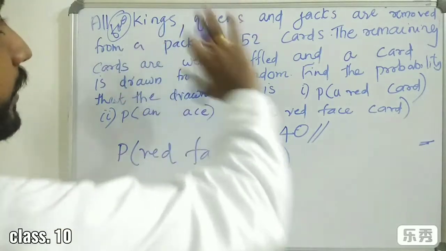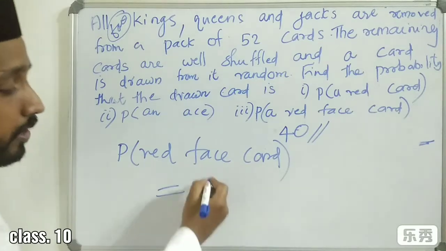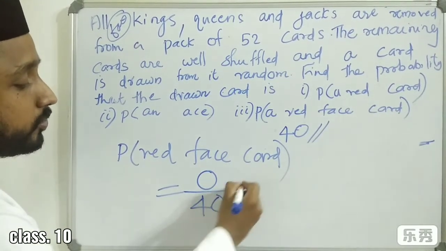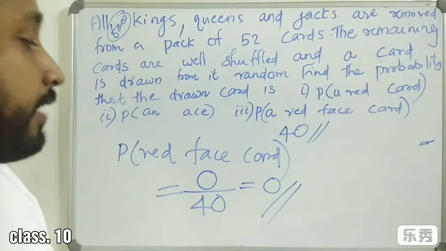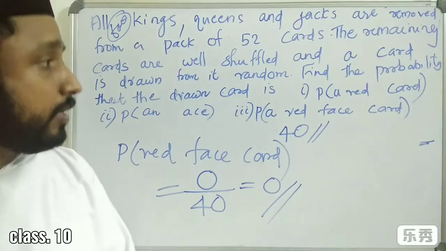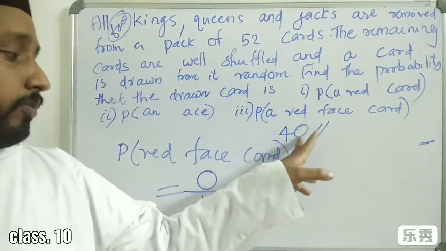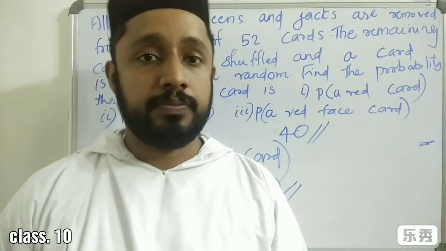Since all kings, queens and jacks were removed, no face cards are there. So our favorable outcomes is 0. Total is 40. So 0 by 40, 0. So probability of getting a red face card is equal to 0. So after removing 12 cards, the total cards are 40. Using that, we can easily find the probability of each event.